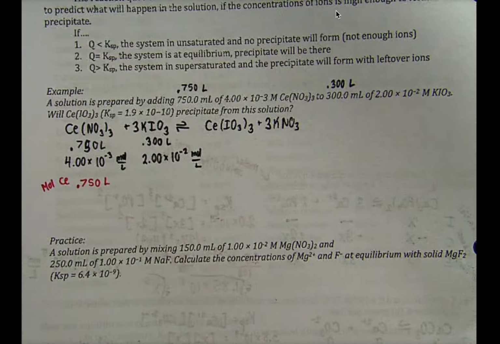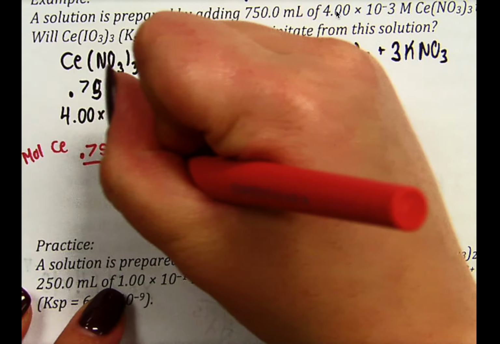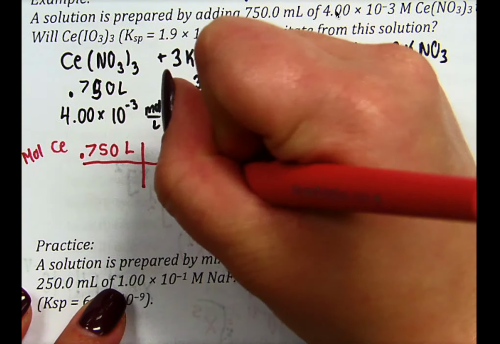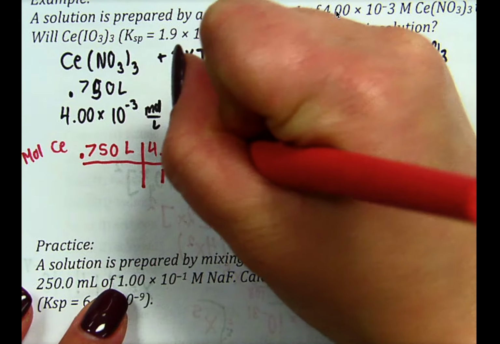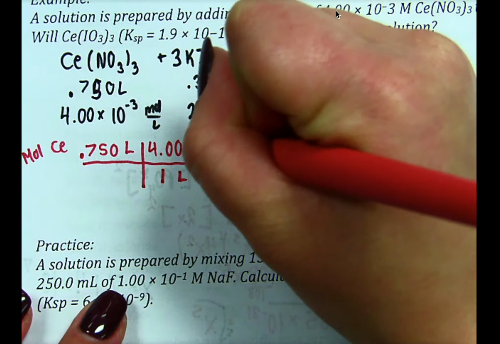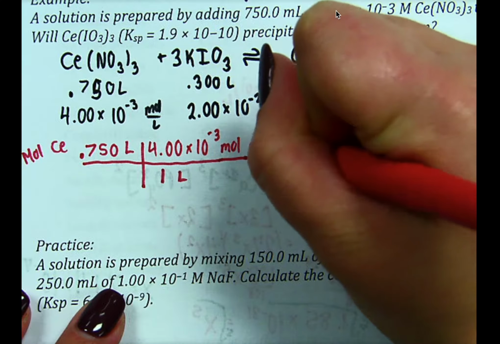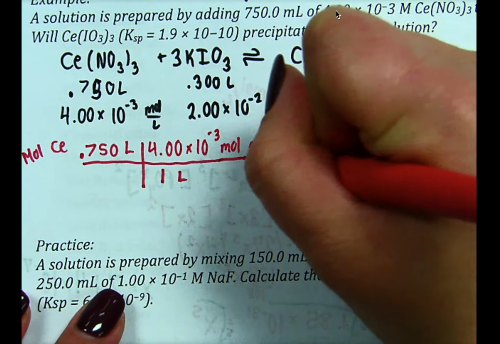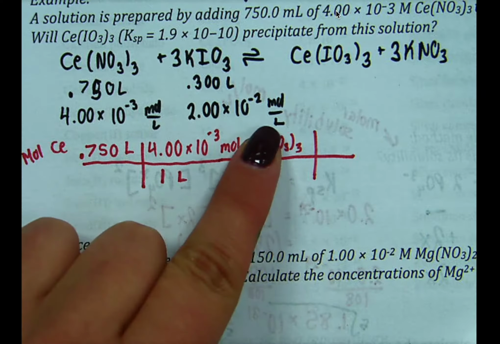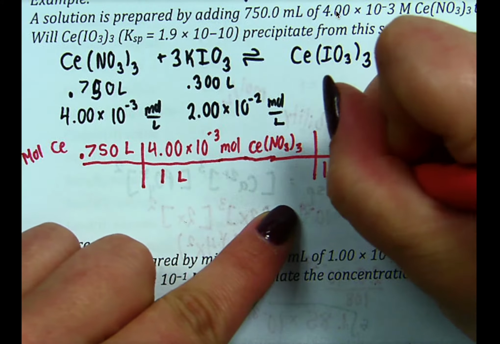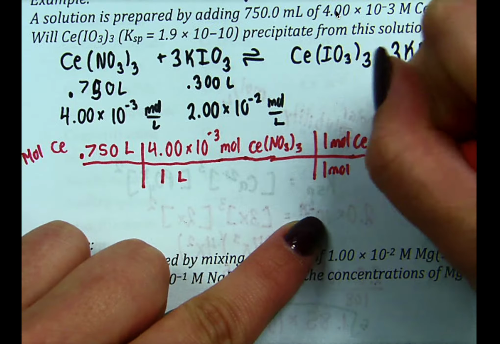I'm going to zoom in so you guys can see what I'm doing a little better. For every 1 liter, we have 4.00 times 10 to the negative 3 moles of our CeNO3. Then it's a 1-to-1 ratio. For every 1 mole of this, we have 1 mole of this. 1 mole to 1 mole Ce.